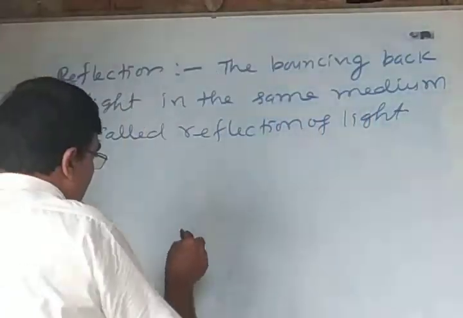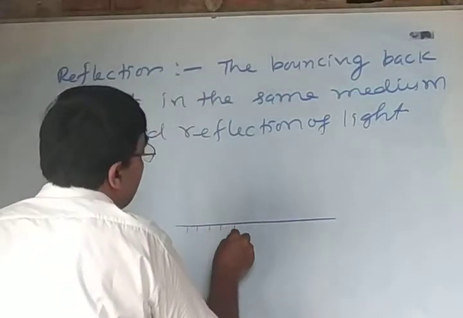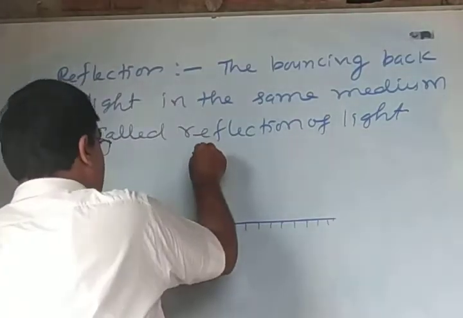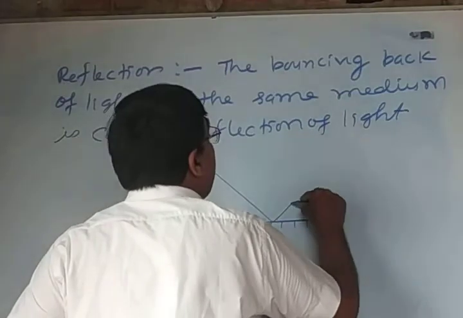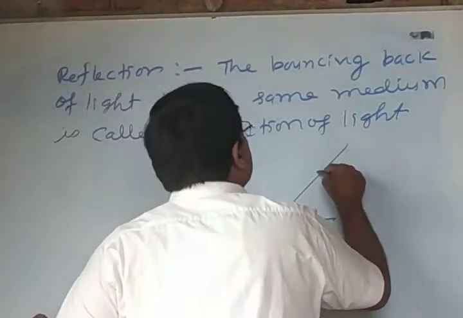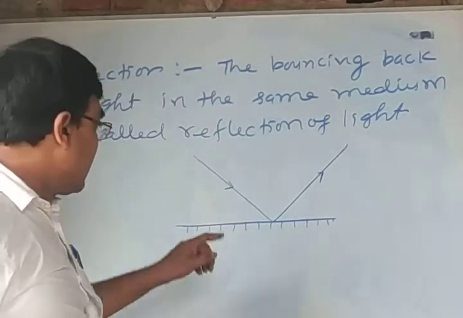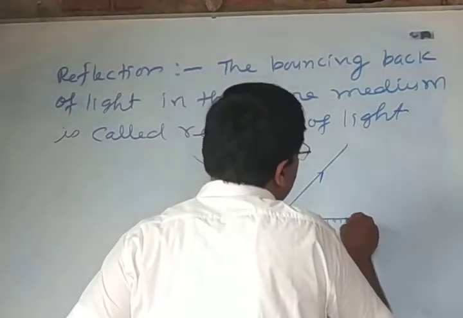Here this is the reflecting surface, and the ray of light is incident and comes back in the same medium after being incident on the reflecting surface.